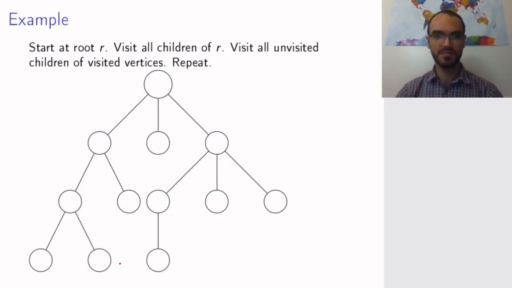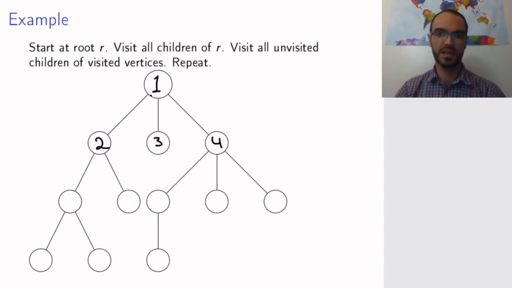So here is the algorithm that I've just copied. So you start at the root R. Now the way I have drawn the tree, I'm meaning that this is 1. Then I visit all the children of R. So these ones. The order in between these is not part of the algorithm. There might be other ways to choose exactly which one to visit first, but you visit those in some order. Then you visit all unvisited children of the visited vertices.